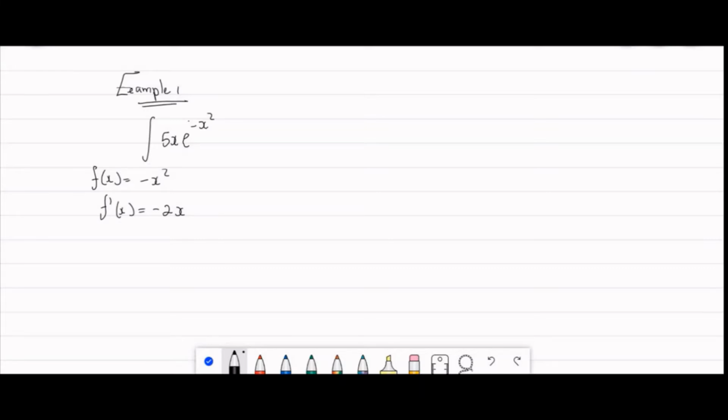So now let's go back to our rule. It says that an integral of f prime of x multiplied by e to the power f of x is equal to e to the power f of x plus c.